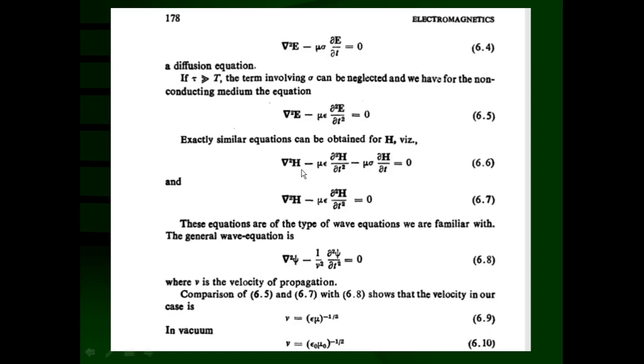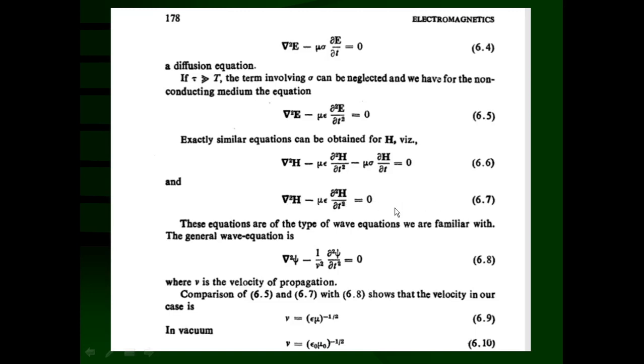It has differentiation with space coordinates, and first and second order differentiation with time. For a non-conducting medium, the third term can be neglected again, and you get del square H minus mu epsilon del square H upon del T square equal to 0.